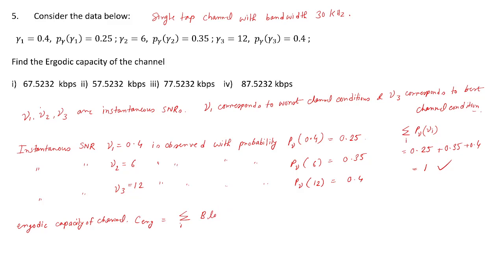Rates are given for AWGN channel as follows: B log base 2 of 1 plus instantaneous SNR, and this is multiplied with the corresponding probability of occurrence of instantaneous SNRs. So B part is common, you can safely take it common. It leaves only summation over all instantaneous SNR weighted by their corresponding probabilities.